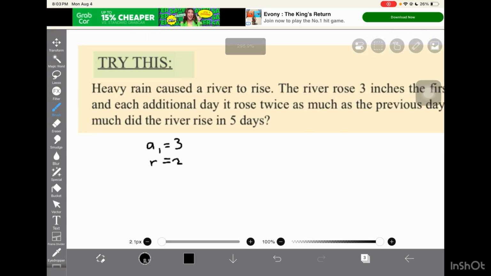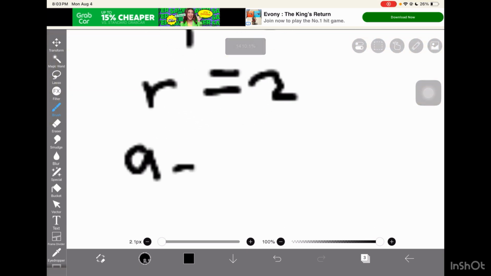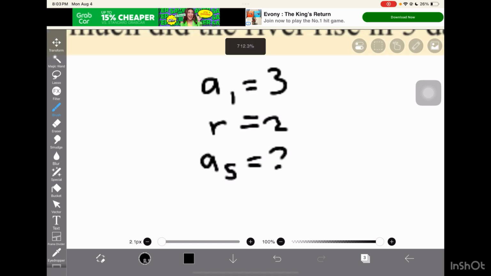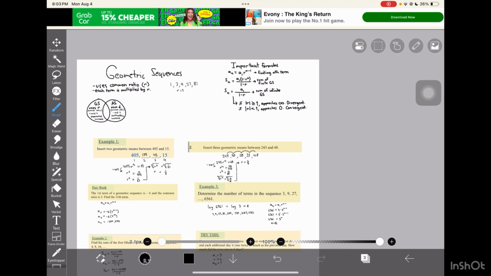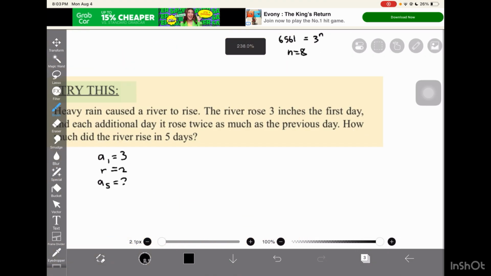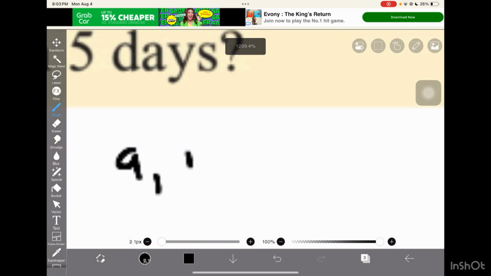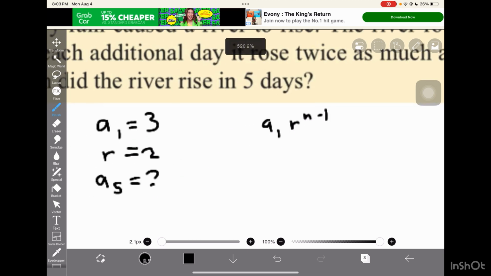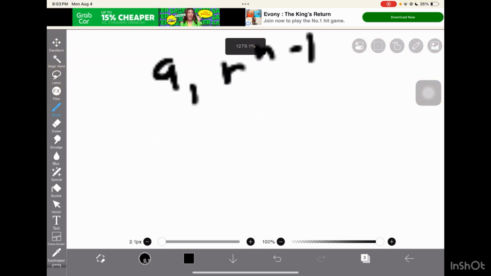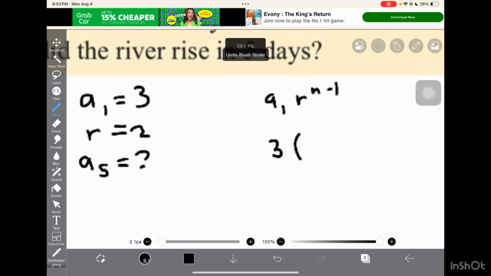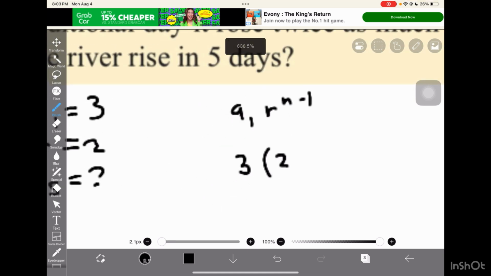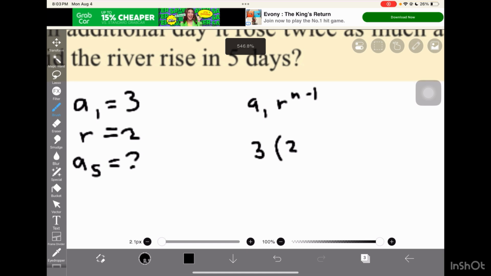We want to find how much is a sub 5. So do we have everything to find the nth term? Yes, we do. So we have a sub 1 times r raised to n minus 1. So a sub 5 is equal to 3 times r, which is 2 raised to 5 minus 1.